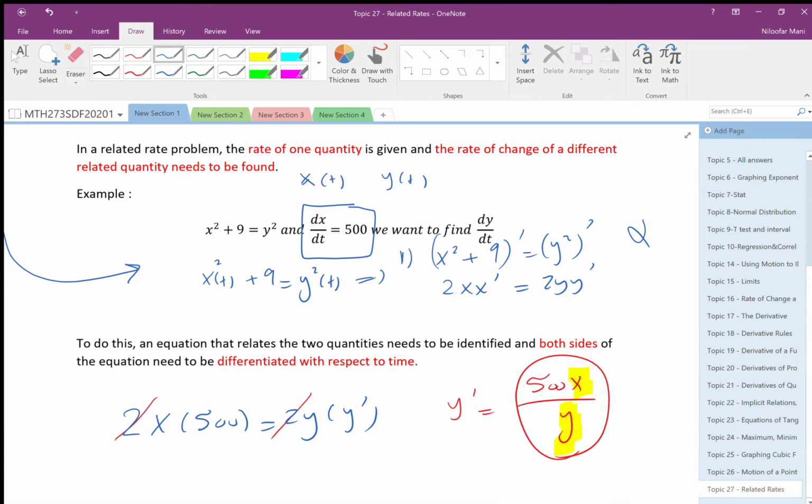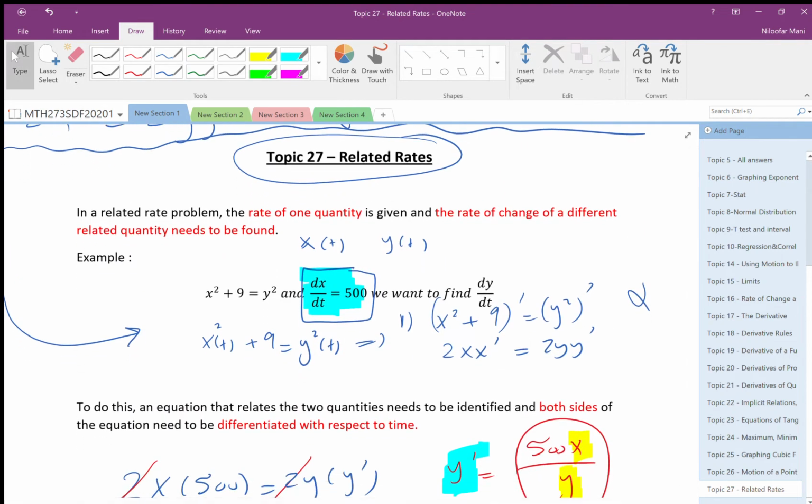And I need to know at that moment that I'm talking about. So I want to know at that moment, okay, what is dy over dt or y prime? Just in order to make it easy for you, I do x prime, y prime. But you have to know, in this case, both of them are with respect to time. And when you look at the question, you understand. Okay, so that's related rates.